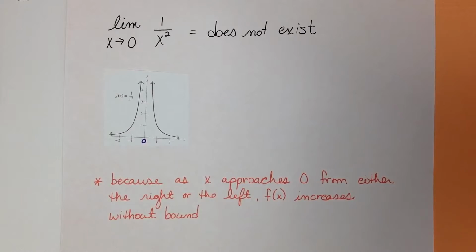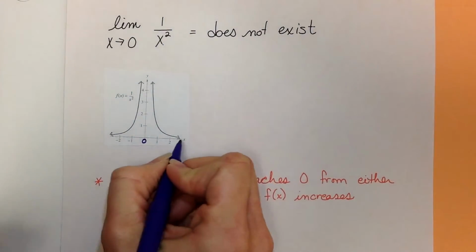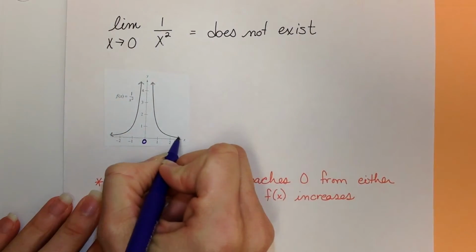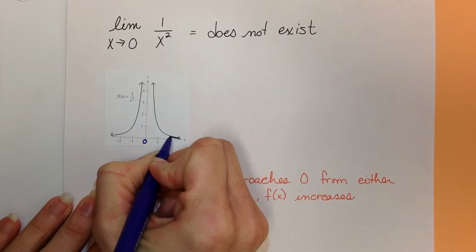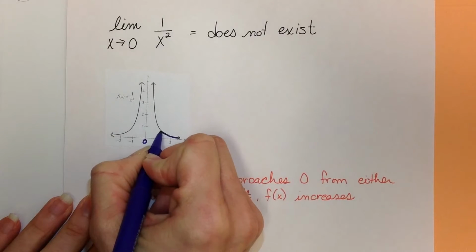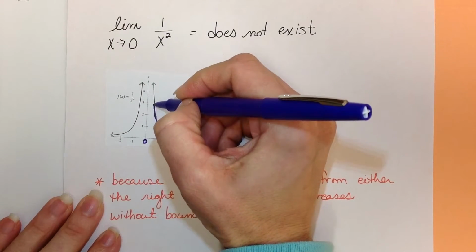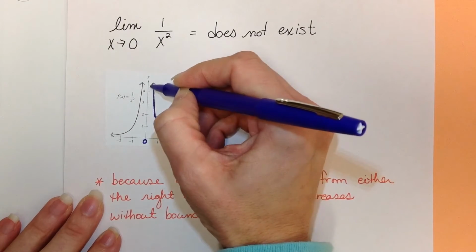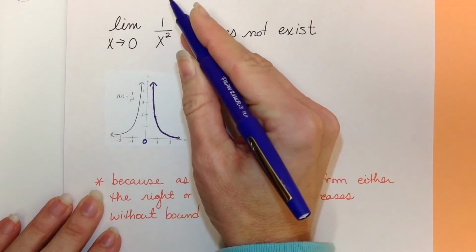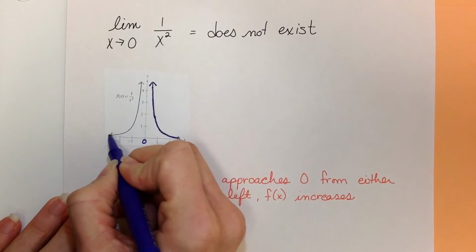So if you look at the right-hand side and you start tracing your graph, as you get closer to x equals 0, what happens to your y values? They just keep going up and going up and going up. Of course, that arrow right there means that it just keeps going up forever.